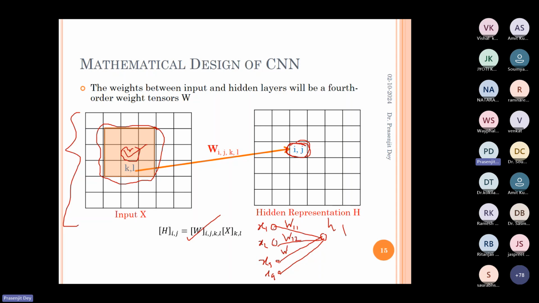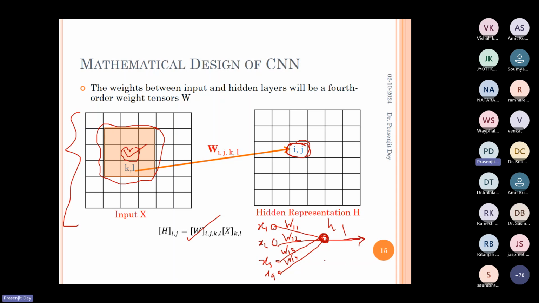This will be W1,3, and this will be W1,4. Am I right? So in this case, for the computation of the hidden node 1, I am considering all the input nodes. So this is the hidden node output.